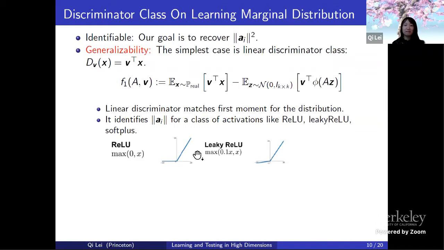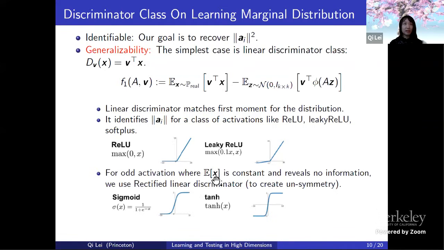For something like ReLU or leaky ReLU, this is enough, because for different choices of a_i's norm, the mean of x and phi of a_i z will be different. Matching the mean of x will actually give us the norm of a_i.